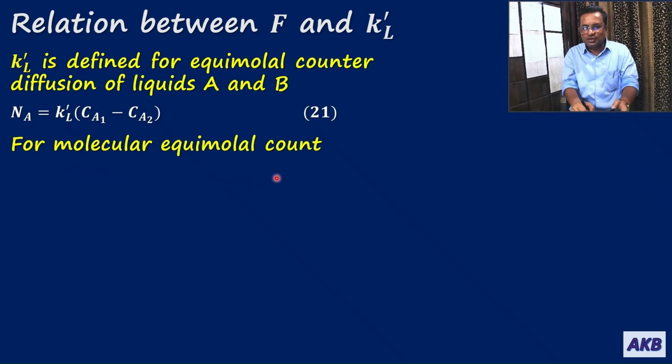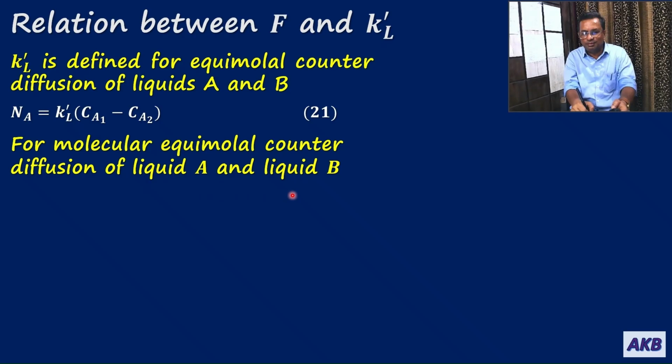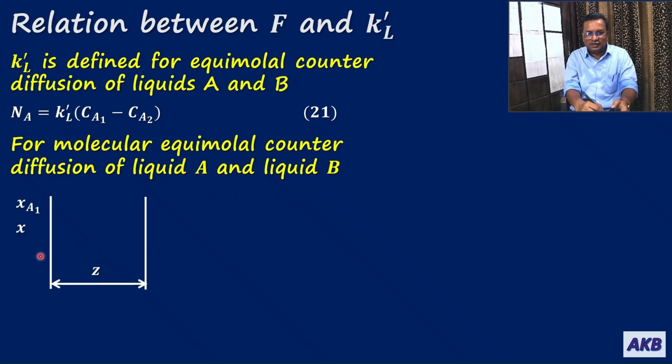Then for molecular equimolar counter diffusion of liquid A and liquid B, where you have liquid at plane 1, the mole fractions are XA1, XB1, density is rho1, molecular weight is MW1. At the other plane, mole fractions are XA2, XB2, density of the solution is rho2 and molecular weight is MW2.